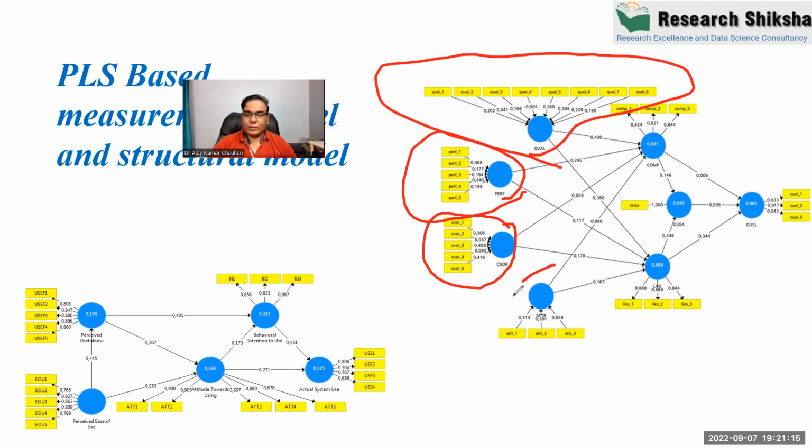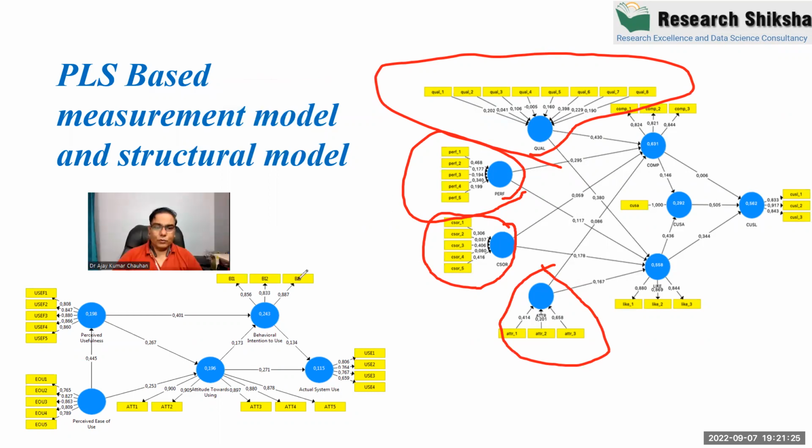Whenever we are using a formative construct, you have no option other than SmartPLS. This is one of the benefits of SmartPLS: if you are using a formative construct, SmartPLS is very effective in handling that.